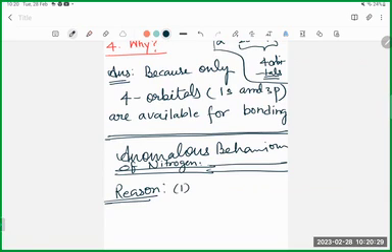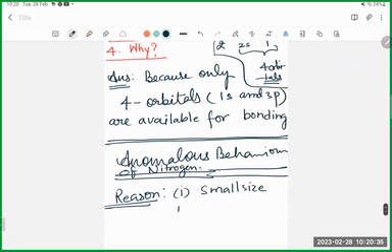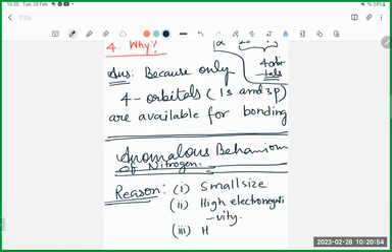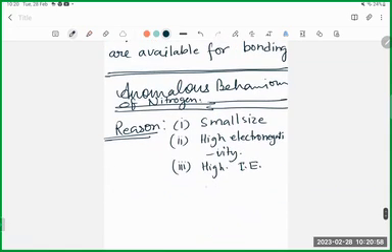Because the first and most important is small size. It has a very small size. Second, it has high electronegativity as compared to other elements, right? So it has more capability of attracting electrons towards itself, correct? Then it has high ionization enthalpy as well, high IE. Other elements have a decrease in that, because it decreases down a group.